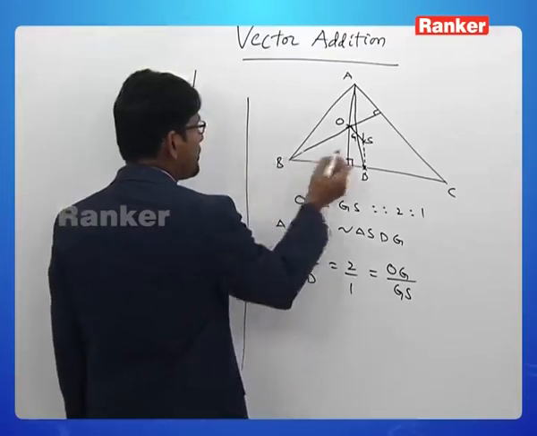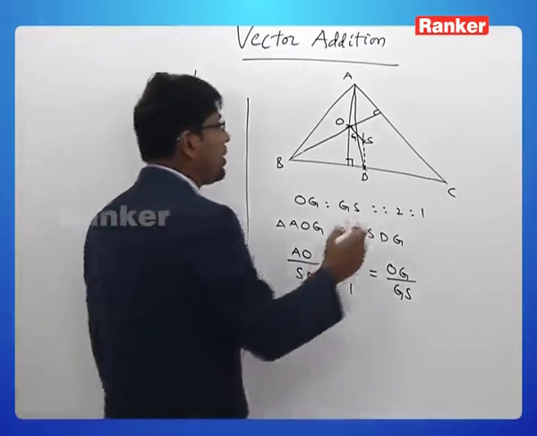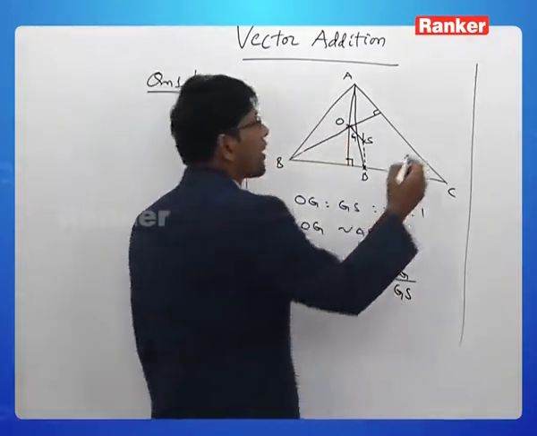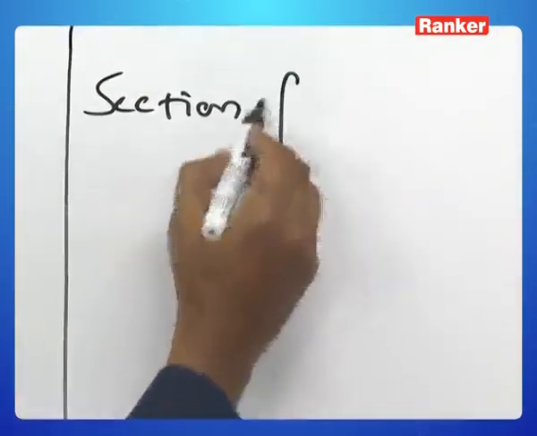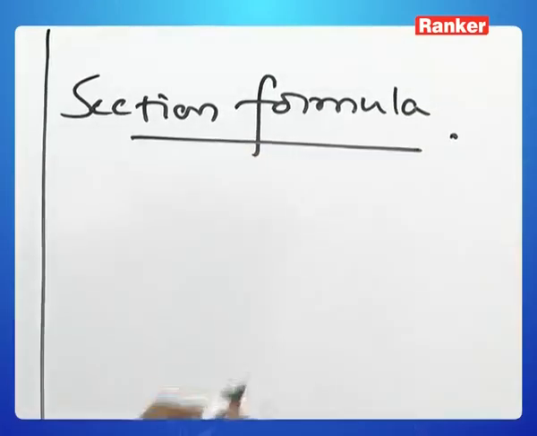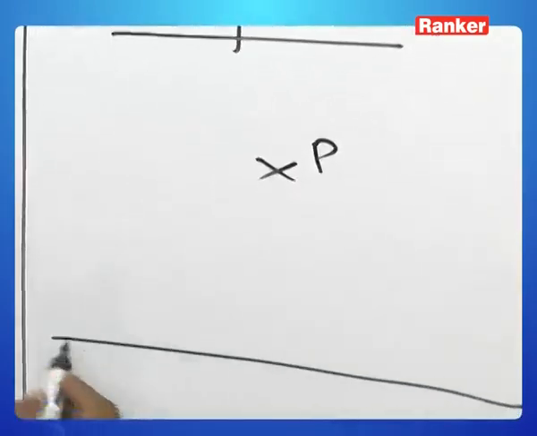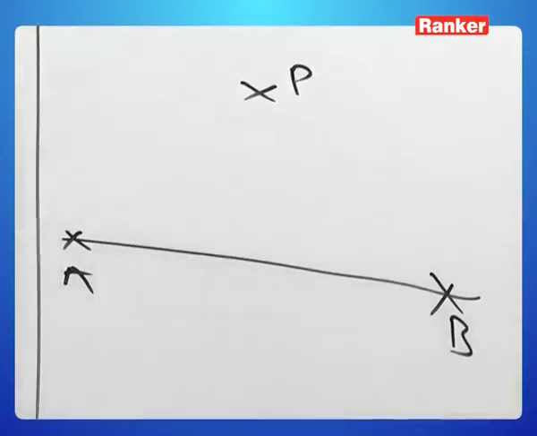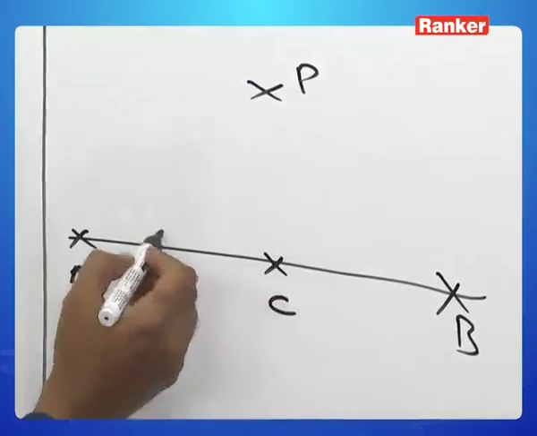Let us say there is one result that we need to use here on the section formula. Result on the section formula. Suppose you have a point P and you have two points on the line A and B. There is a point C which divides AB in the ratio m is to n.